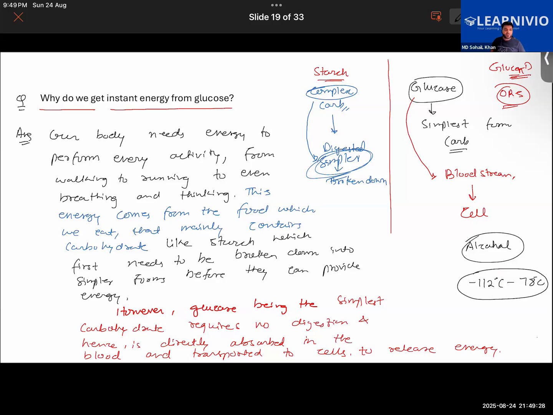If you are in an area where the temperature drops below zero, water will start to freeze. So there, instead of water, we'll be using an alcohol-based thermometer, which does not freeze even at minus 112 degrees Celsius.